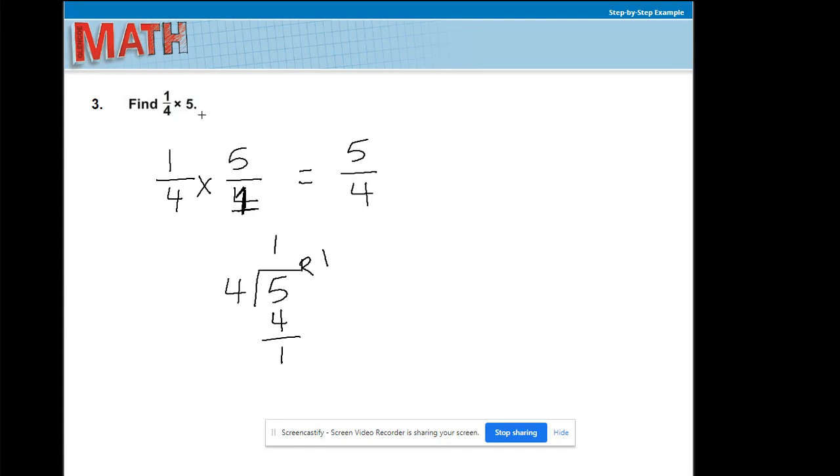Like our other problem, we put the whole number, remainder, and then our denominator. Our denominator always stays the same. It will never change. So whatever this bottom number is, it will stay the same. So our answer then would be 1 and 1/4.